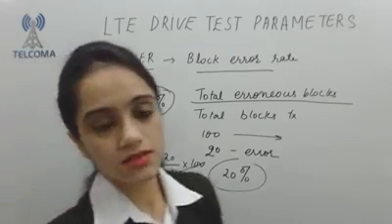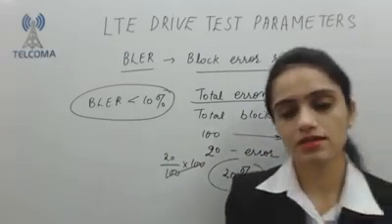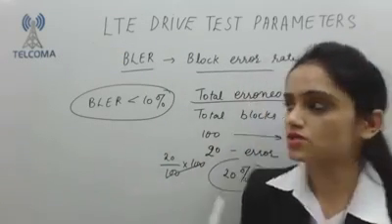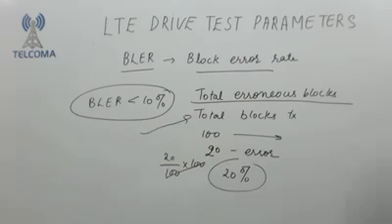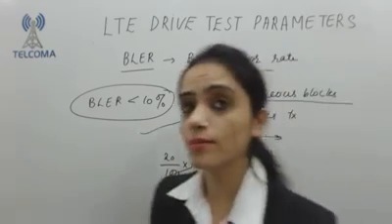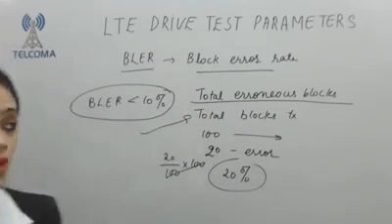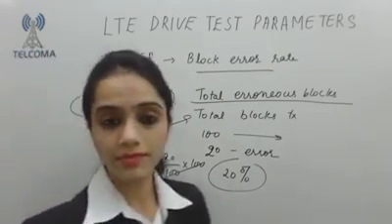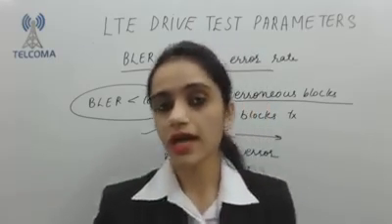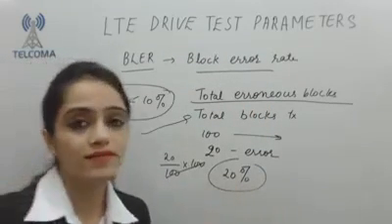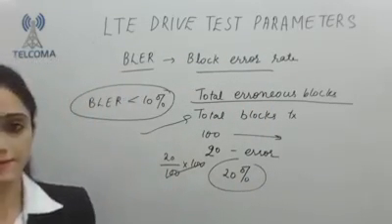More errors, bad performance. Less errors, good performance. So we require to check the BLER parameter, that means how many error blocks I am getting if I am transmitting some number of blocks. This is in percentage form, and block error ratio should always be less than 10%.